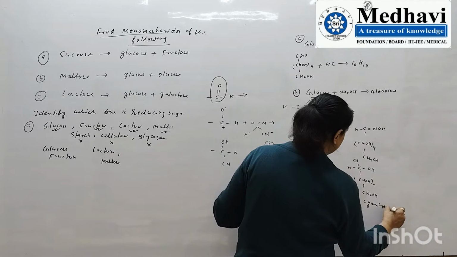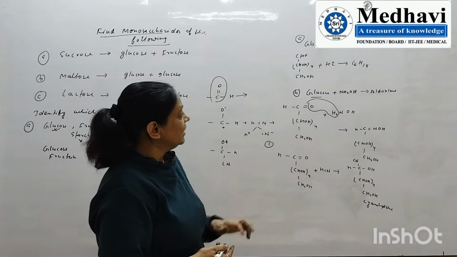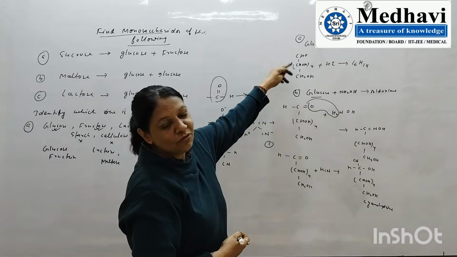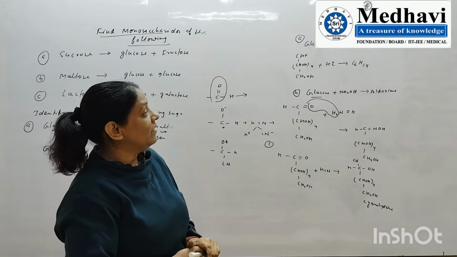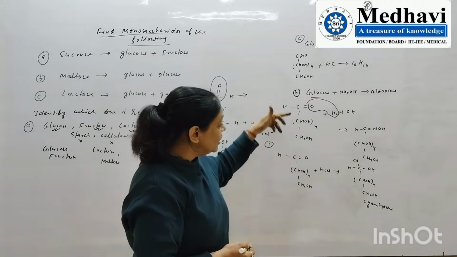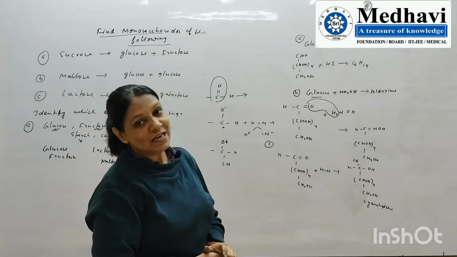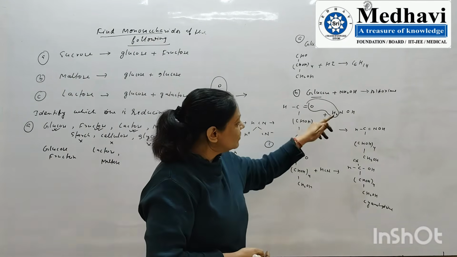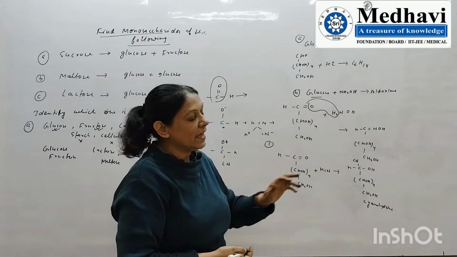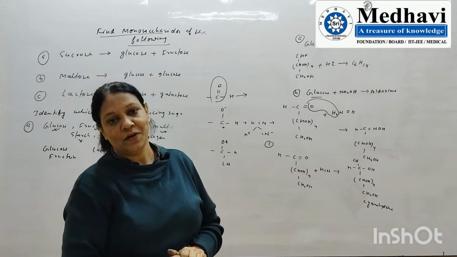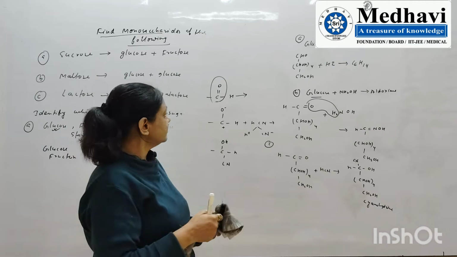Very important information. So you can say that this first reaction indicates that glucose has 6 carbons joined by a straight chain. These two reactions show that glucose has a free aldehyde group, because the reaction with hydroxylamine and the reaction with HCN is an important property of aldehyde.